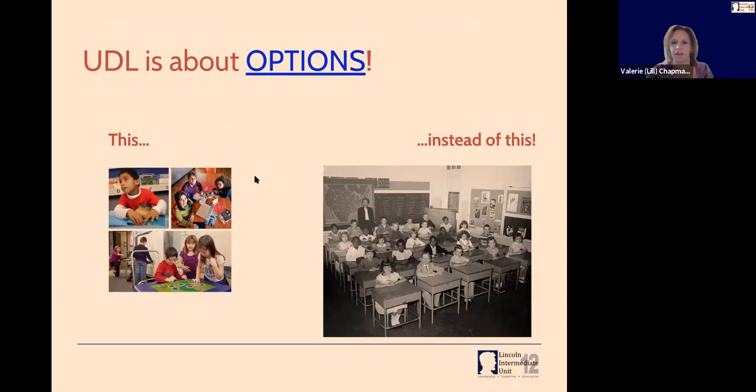The picture on the right looks like my mom's pictures from when she was in school in the 50s. The kids are all in straight rows, their desks all look the same, and they're all sitting there. That was before we typically had kids with disabilities in the regular education classroom. Our rooms look dramatically different than in the old days. We give kids options.